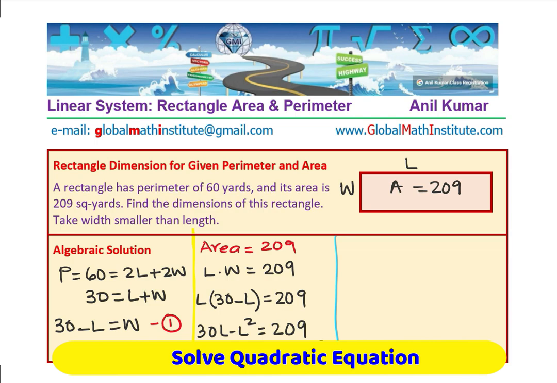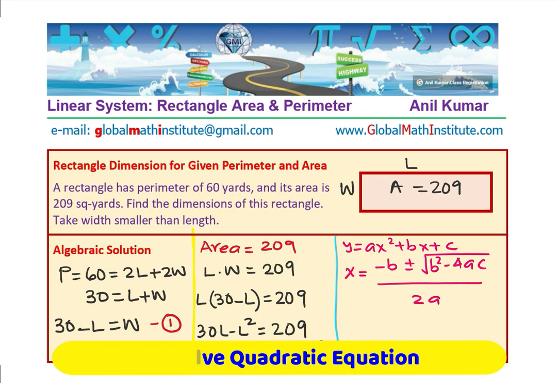Well, you know quadratic equations, quadratic formula. Let us say the equation is y equals ax square plus bx plus c. In that case, we know the solution is x equals minus b plus minus square root of b square minus 4ac, divided by 2a. And therefore, I could provide the solution using the quadratic formula, where x, in this case the unknown, is the length, right?